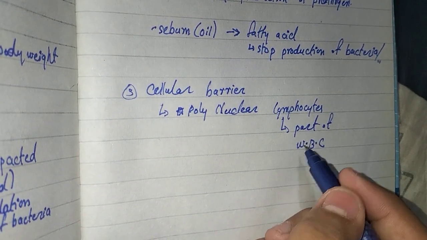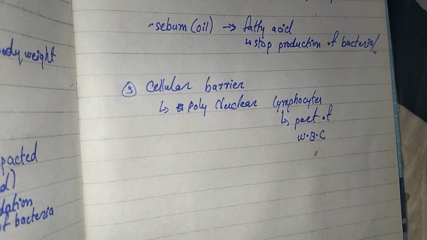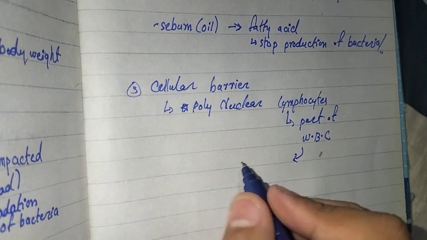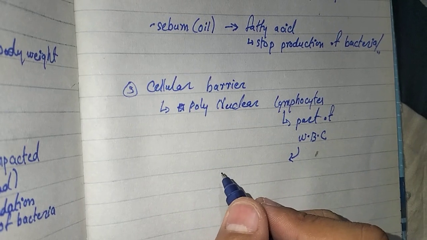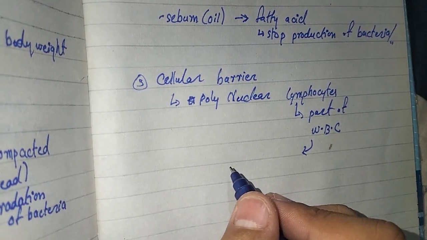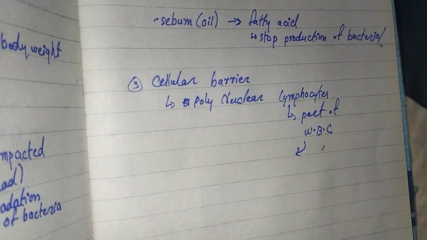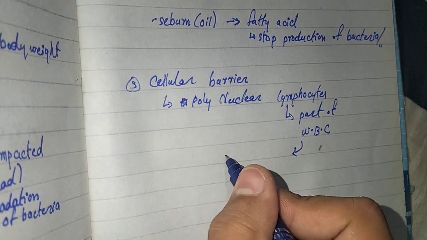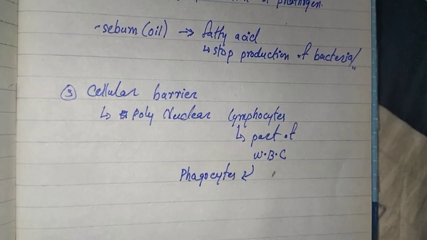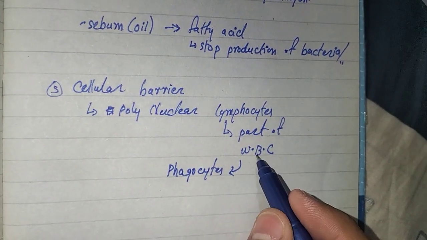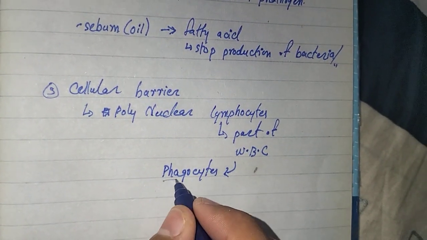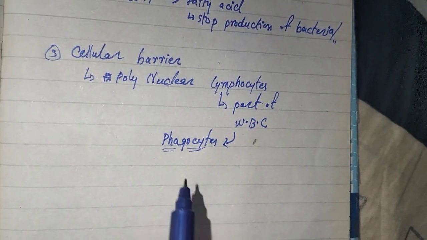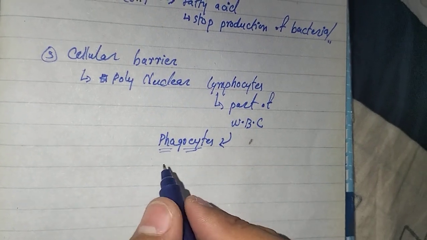A lymphocyte is a part of the white blood cells. White blood cells also contain phagocytes, a type of cell which also stops the production of pathogens in our body.